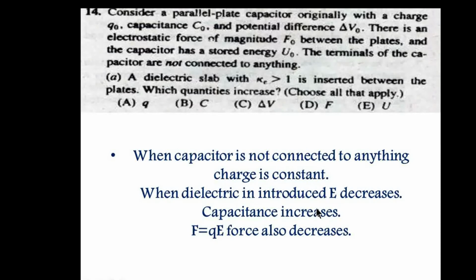Capacitance increases here, as due to the insulating material, the capacitance of the capacitor increases. We know that, so this option is correct. Force will also decrease, as force depends upon the electric field. Charge is constant, electric field is decreasing, so the force would be decreasing. Potential energy is also decreasing, charge remains the same, so only option B is the correct option.